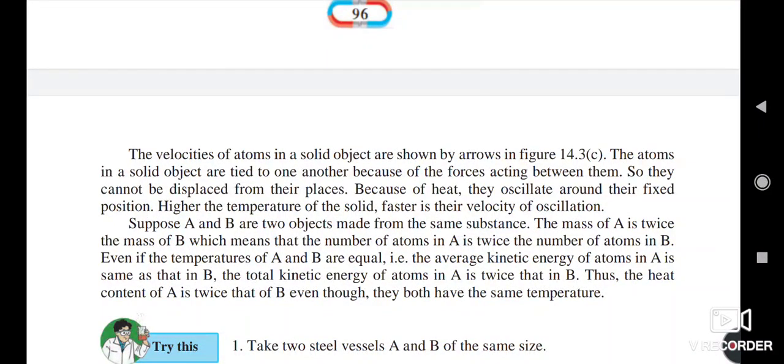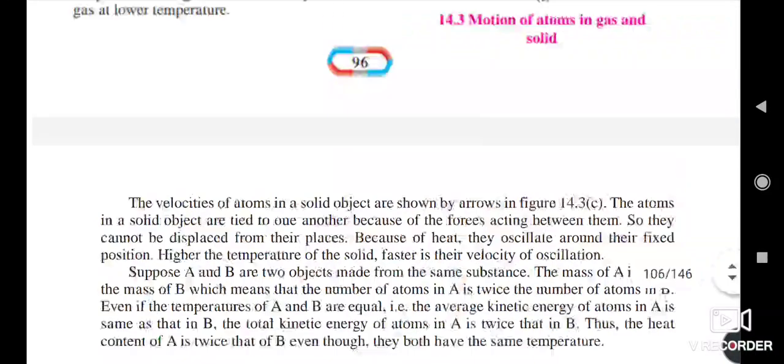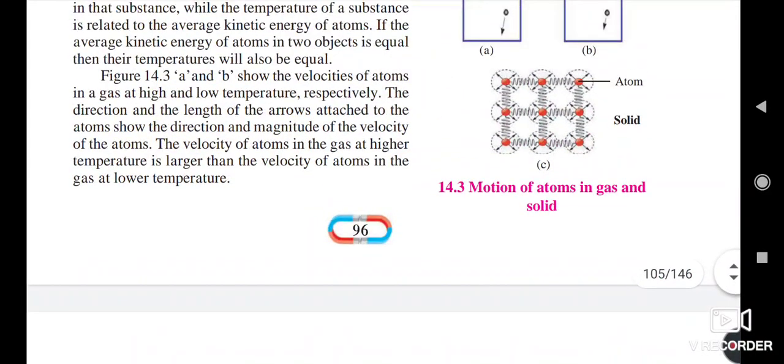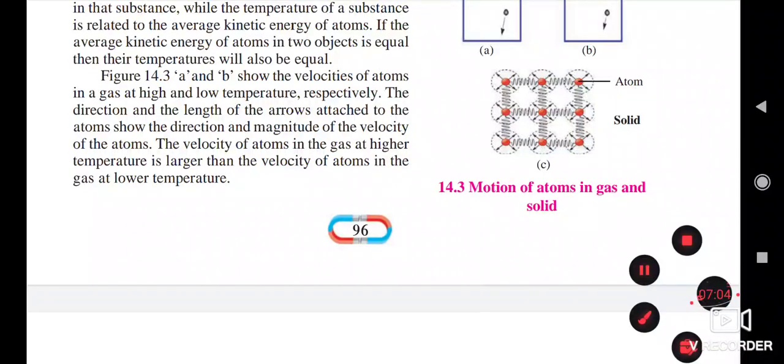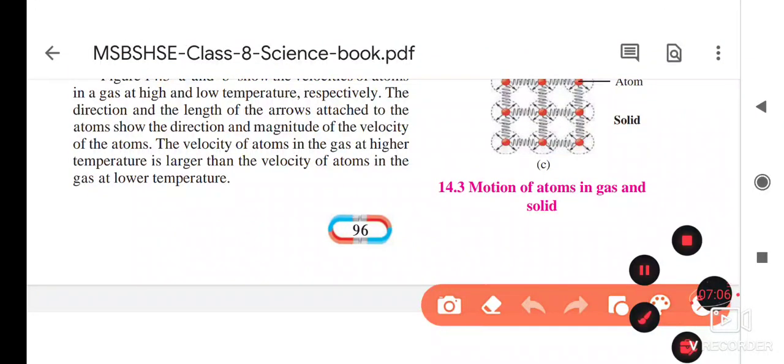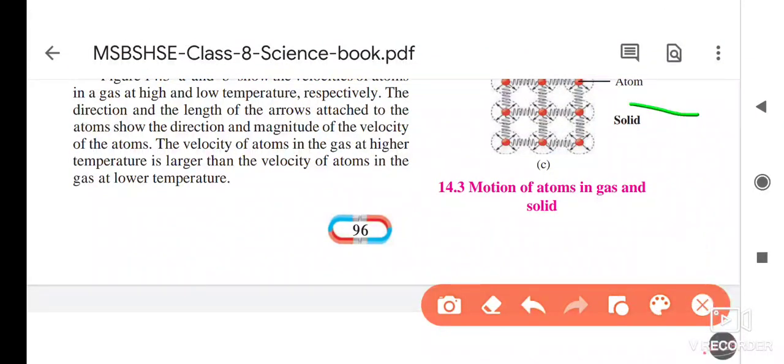Because of heat, they oscillate around their fixed positions. The higher the temperature of a solid, the faster their velocity of oscillation. As we saw in this figure, this is a solid structure. The molecules are bonded with each other tightly.